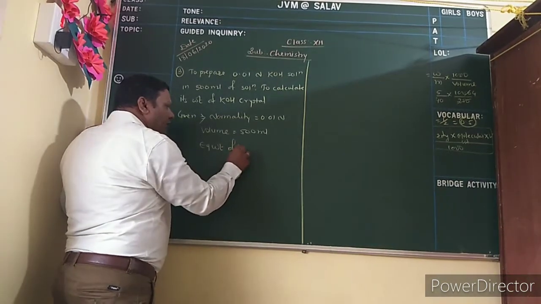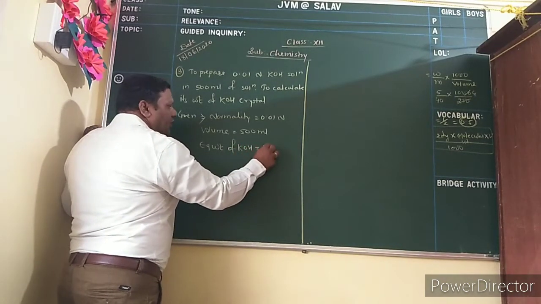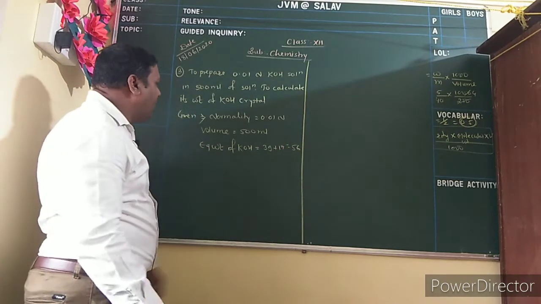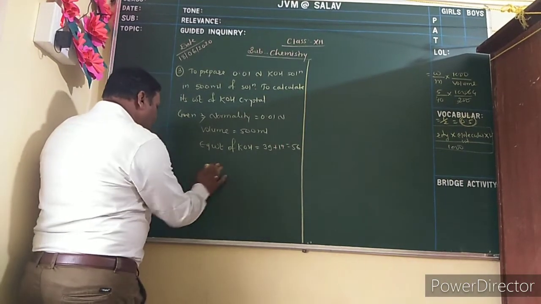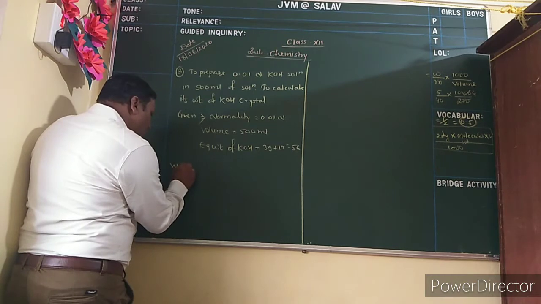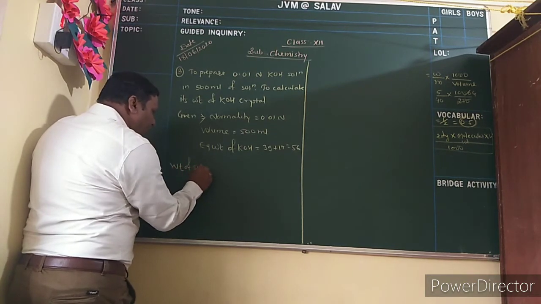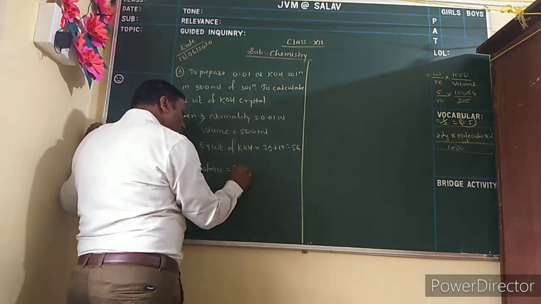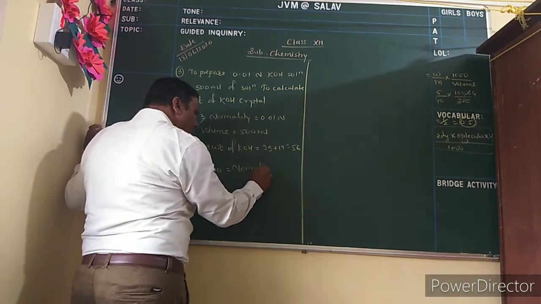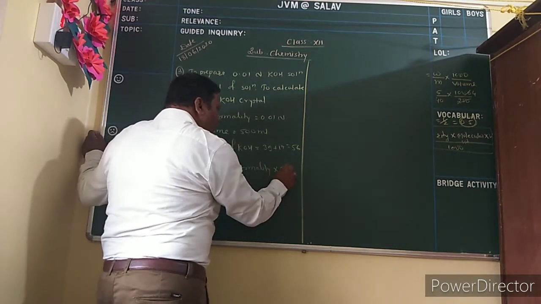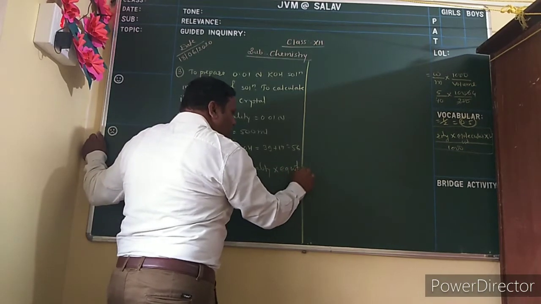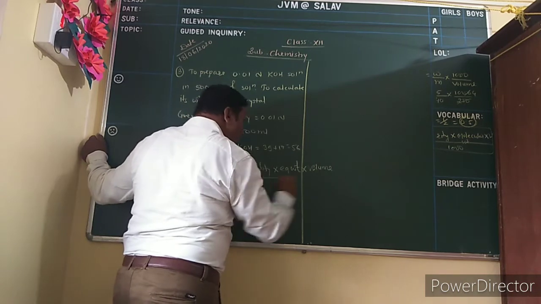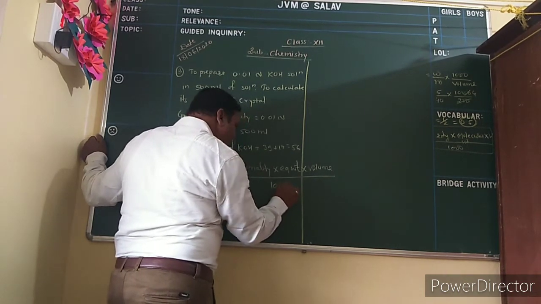Equivalent weight of KOH, 39 plus 17, is equal to 56. After that, you apply the formula. Weight of substance is equal to normality into equivalent weight into volume upon 1000.